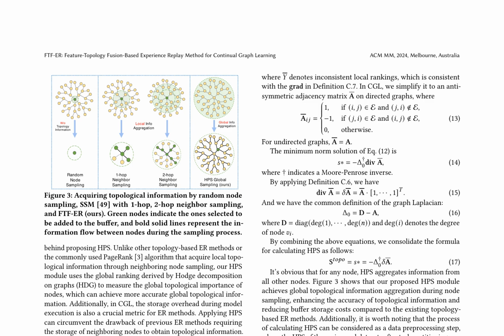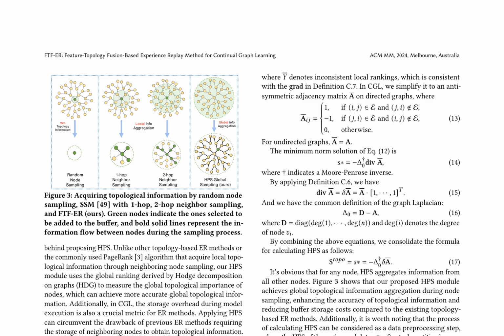The authors propose a novel feature topology fusion-based experience replay (FTF-ER) method for continual graph learning, CGL, aiming to learn a model that can continually adapt to new tasks without forgetting previous ones. FTF-ER leverages both local and global topological information to select the most valuable nodes from the complete training dataset for efficient graph learning.